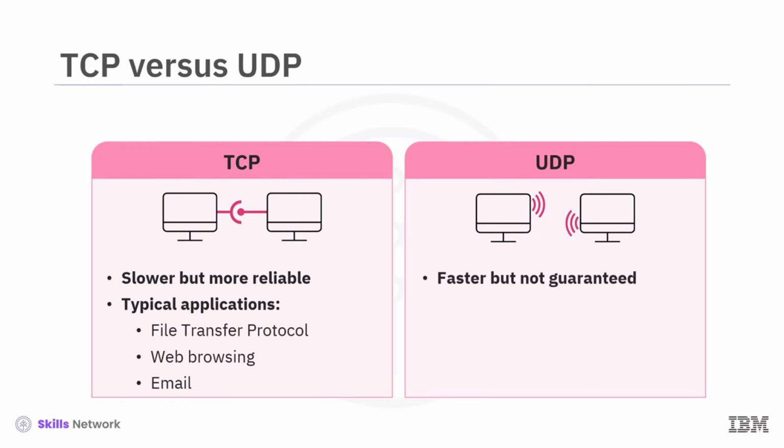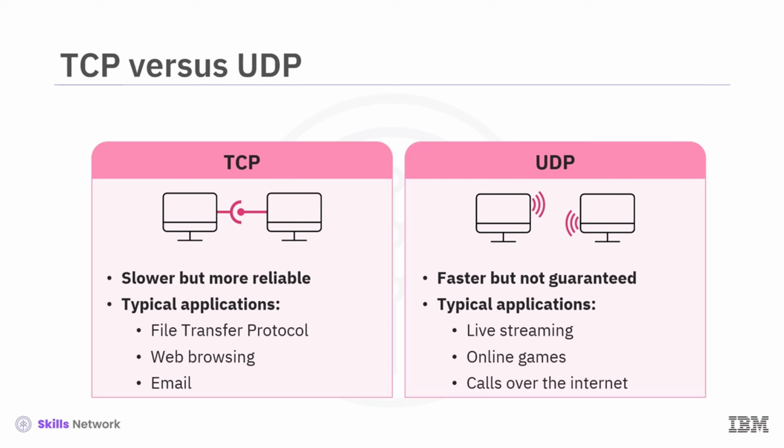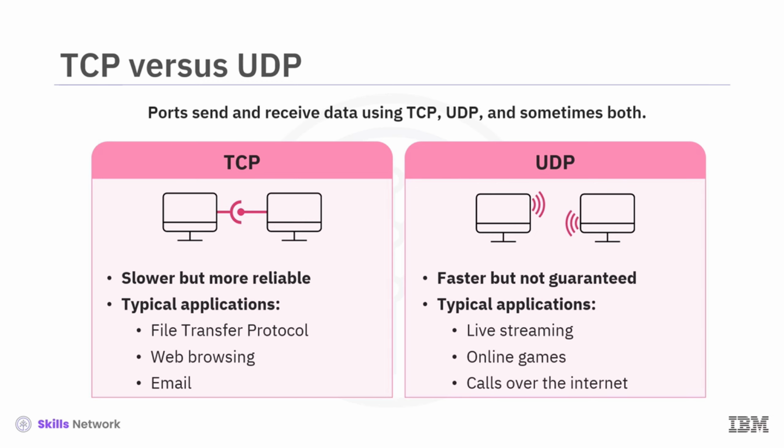UDP doesn't guarantee that all packets will arrive, but it's fast and requires fewer resources. Typical applications include live streaming, online gaming, and calls over the internet. Ports send and receive data using TCP, UDP, and sometimes both.